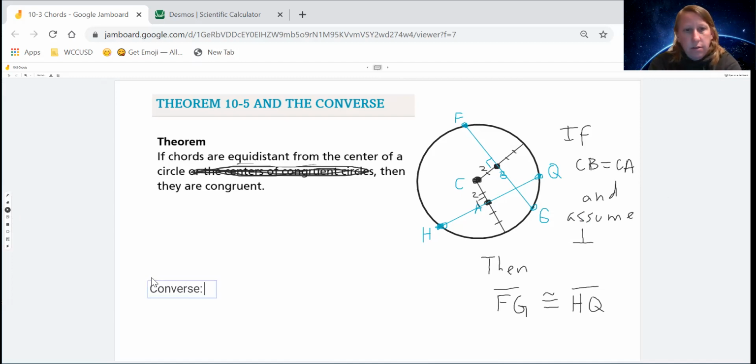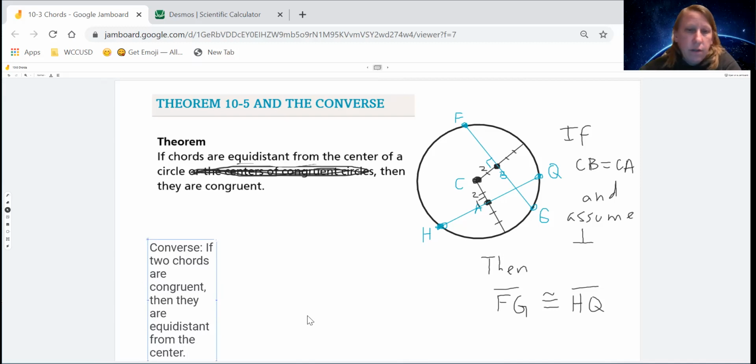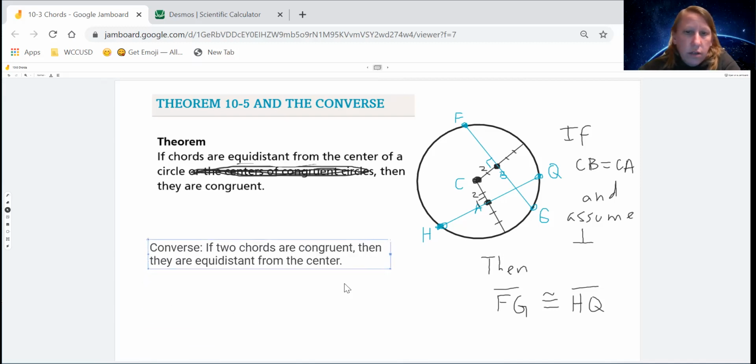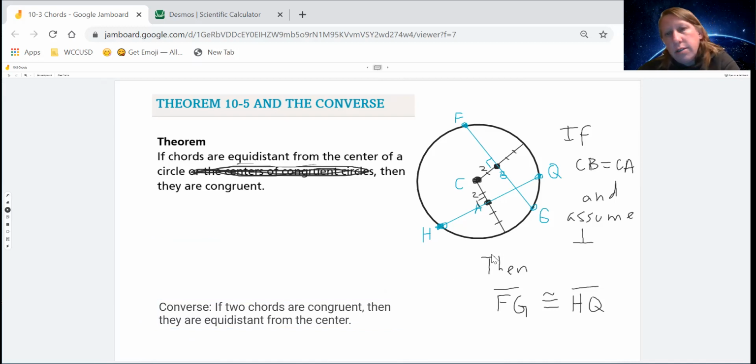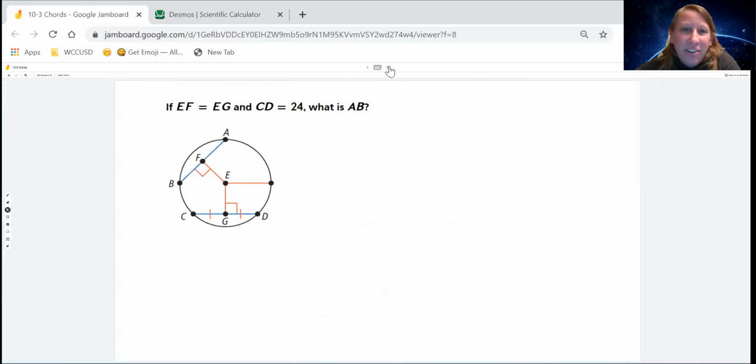If two chords are congruent, then they are equidistant from the center. Cool. All these fun things you never knew about chords, and now you know.